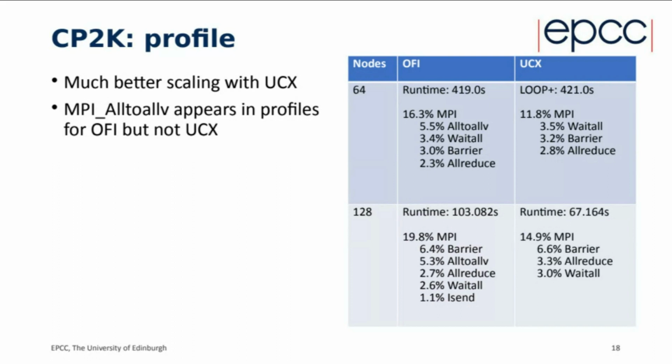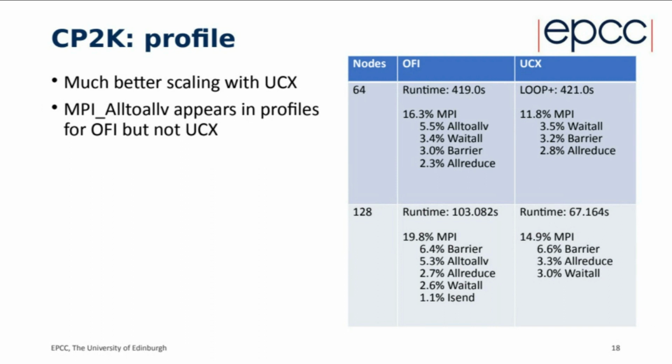But if you look at the actual routines that are taking up the time for OFI and UCX, you can see they're quite different. For OFI, all 12V seems to show up in the profiles, whereas that doesn't show up at all in the UCX profiles.